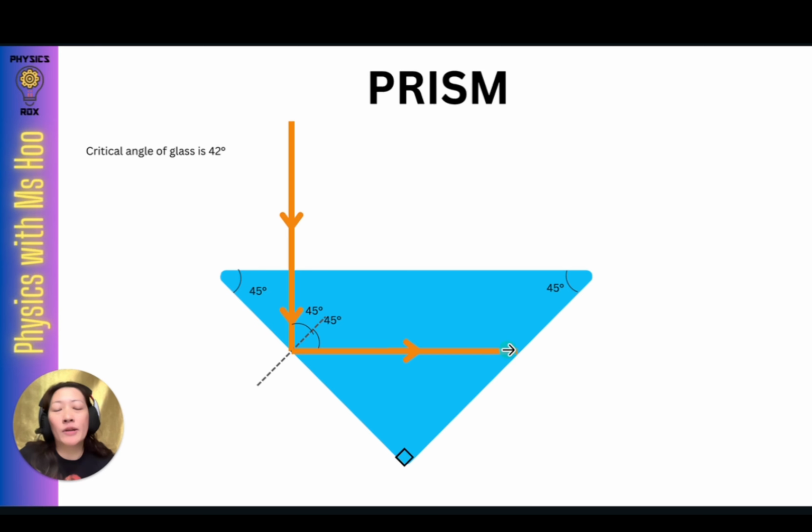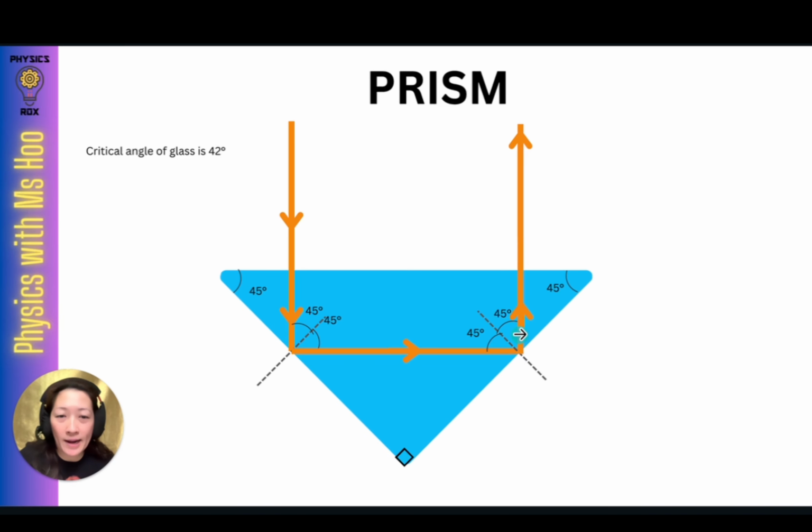The light ray is going to keep traveling until it reaches the other edge. And at this point, again, let's find out what the incident angle is. So here's our normal line, and you can see, again, we've got a triangle here, 45, 90 degrees. The incident angle is also 45 degrees. So once again, it's going to reflect at 45 degrees, and you'll find that the light ray path will travel like this.